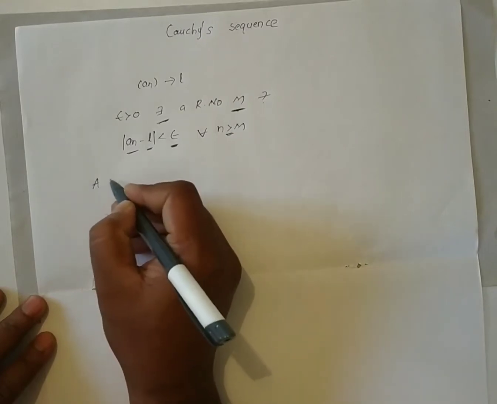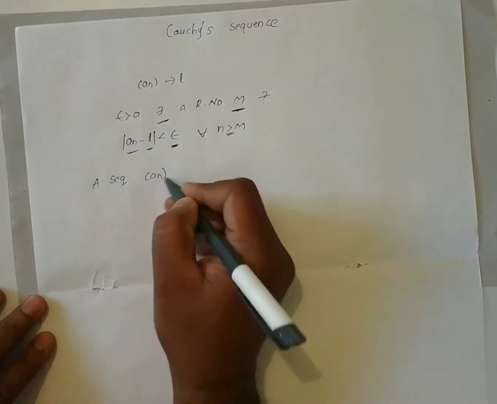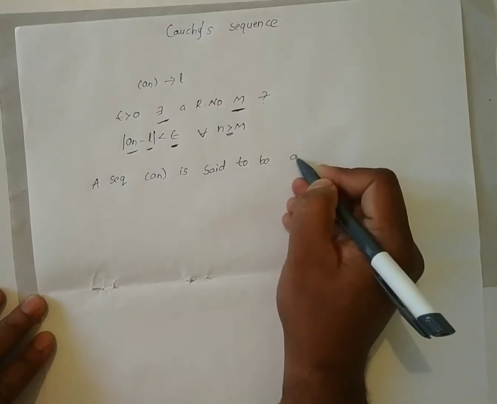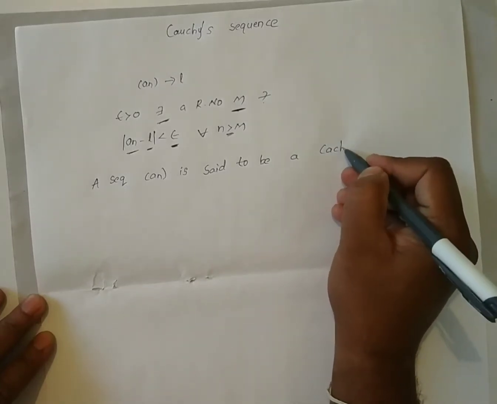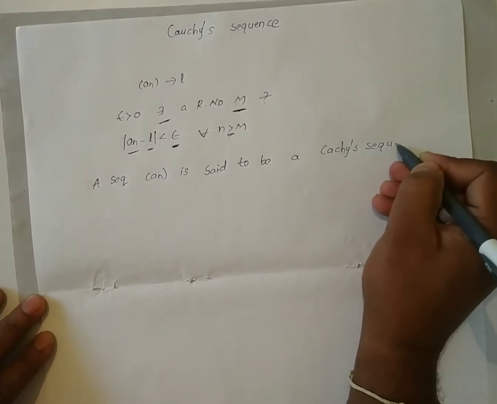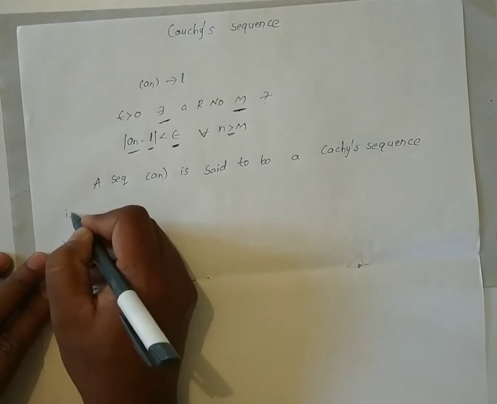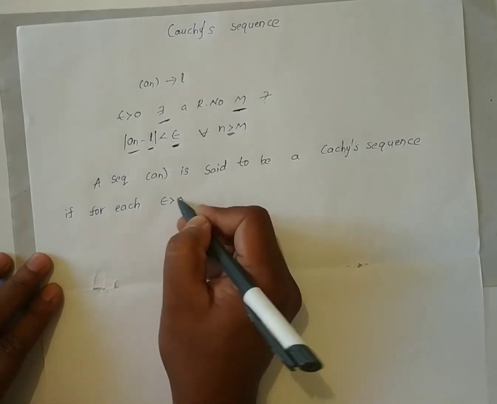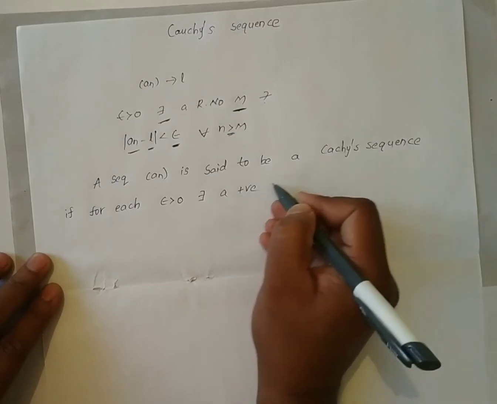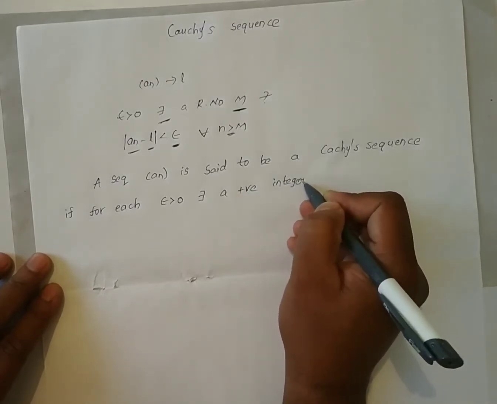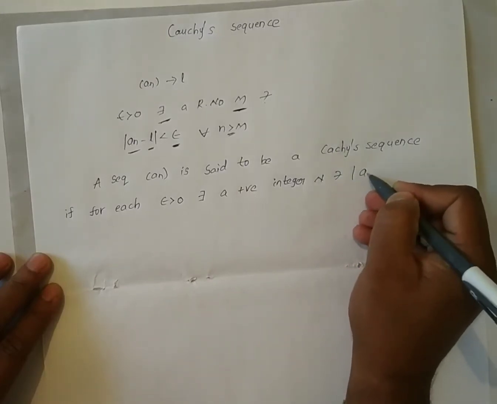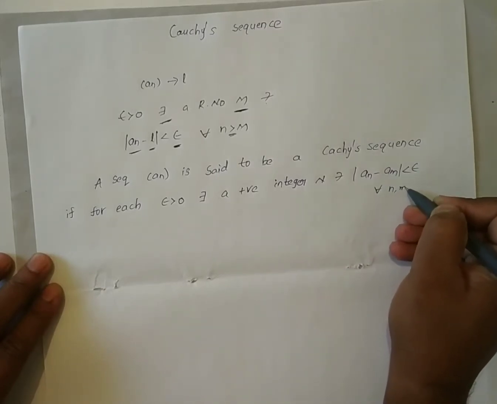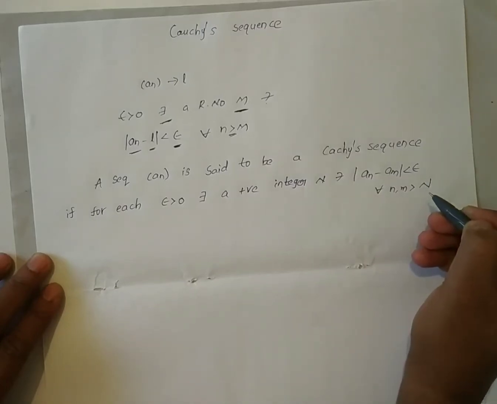A sequence a_n is said to be a Cauchy sequence if for each epsilon greater than 0, there exists a positive integer N such that modulus of a_n minus a_m is less than epsilon for all n, m greater than capital N.